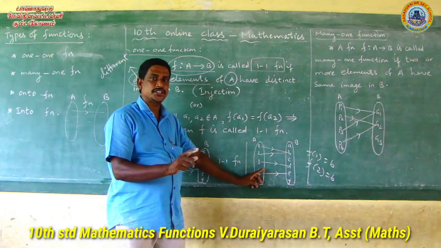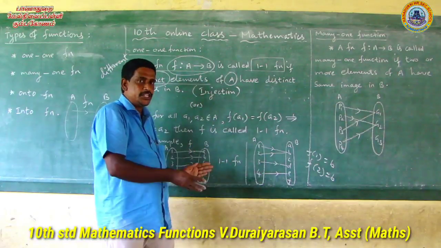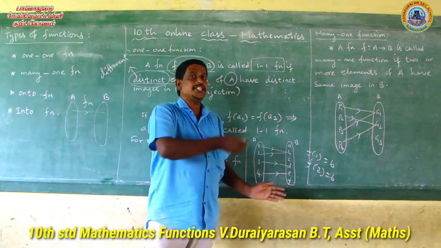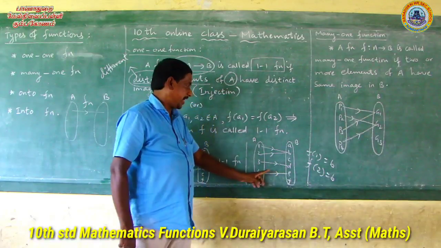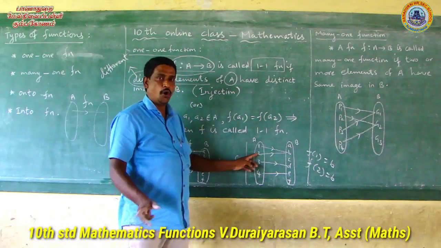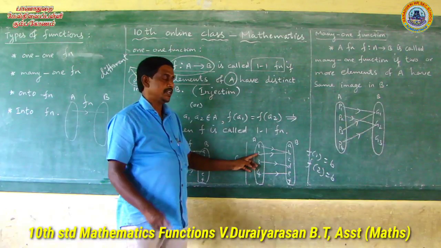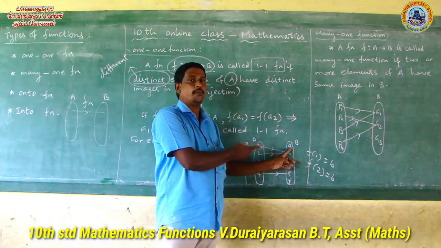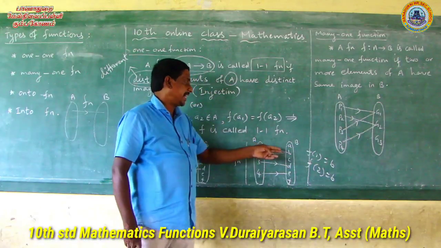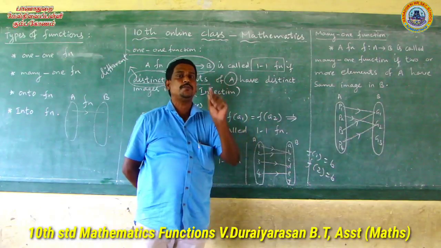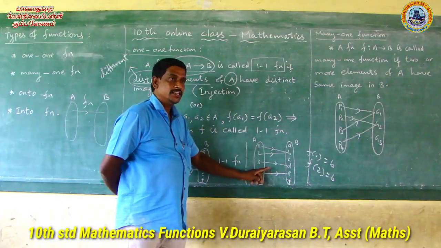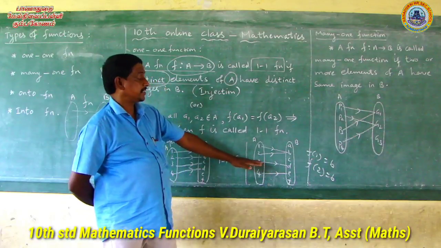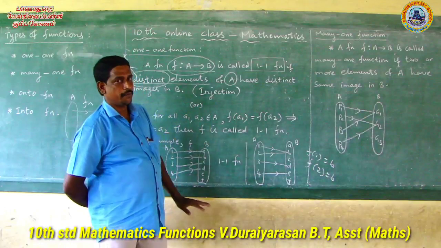One-to-one function means every distinct element of the domain is connected with a distinct element of B. Here, is it distinct? No. Two elements are connected with the same image B in the codomain. So, first of all, this is a function, but not a one-to-one function. Okay, that's all.